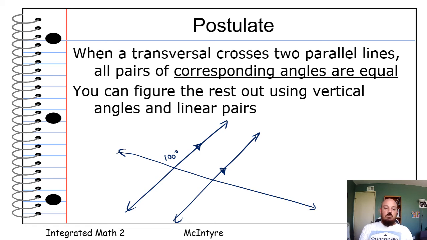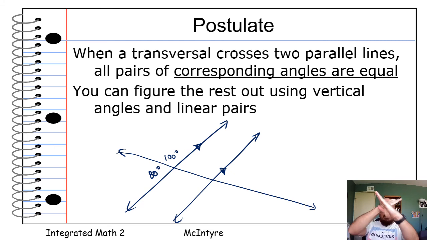So first of all, let's say I wanted to find this angle right here, right next to it. I could say, well, that makes a linear pair, and linear pairs add up to 180. So if this angle is 100, then the one right next to it must be 80. I'm using the top parallel line, this one here, as my line for the linear pair. Now once you have those two, remember vertical angles are equal.